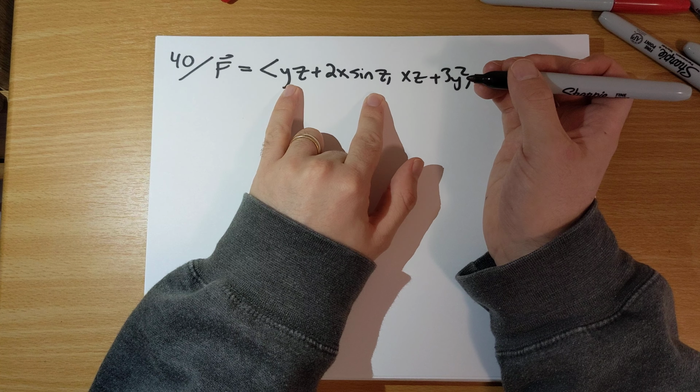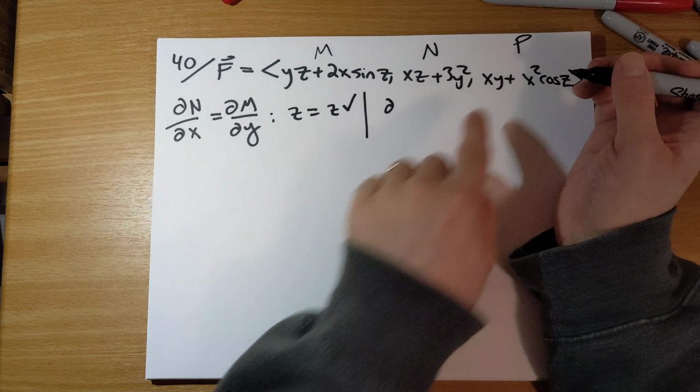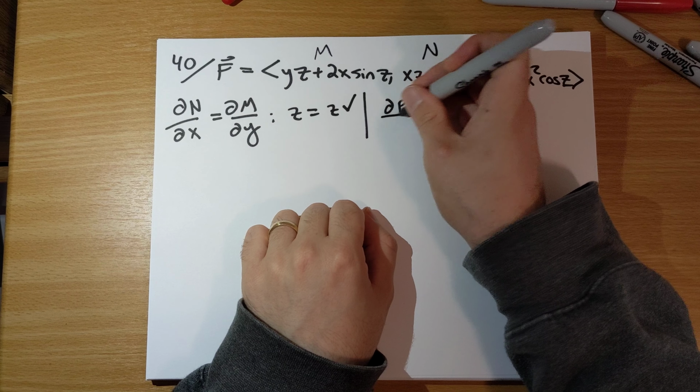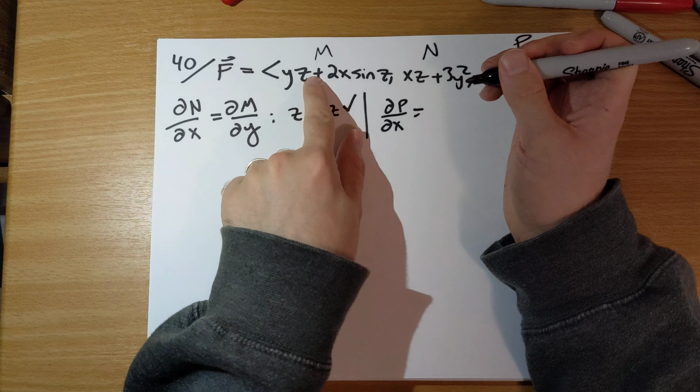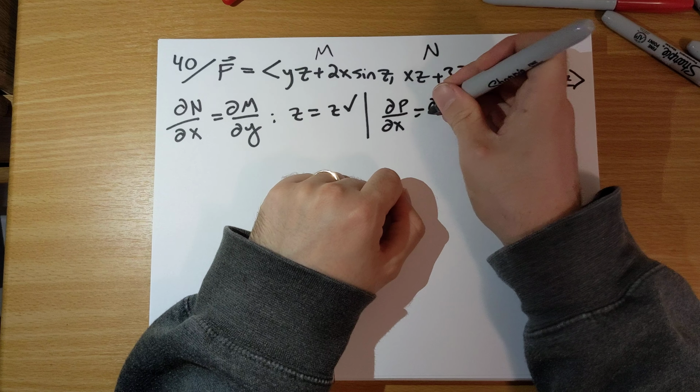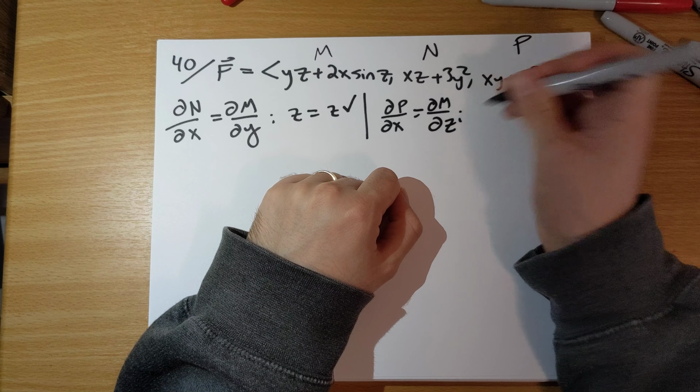And this would be z is equal to z. That checks. And then we also need the partial derivative of this with respect to x to equal the partial derivative of this with respect to z.